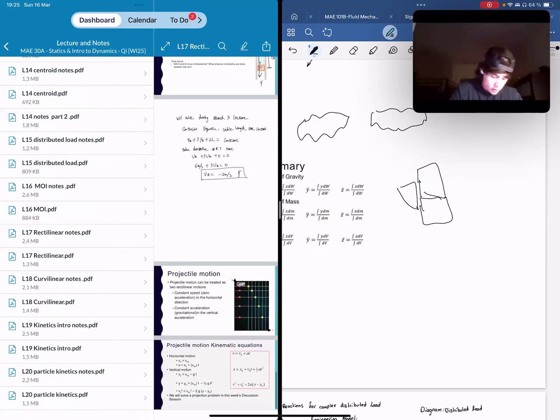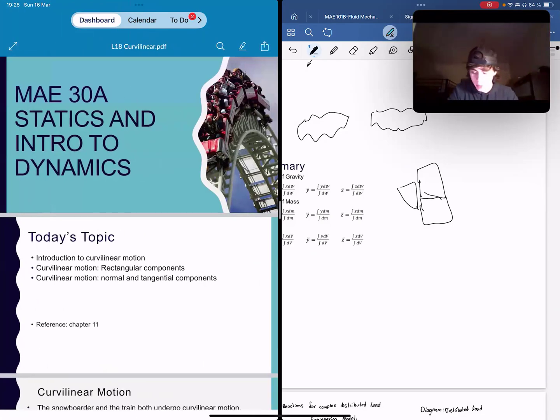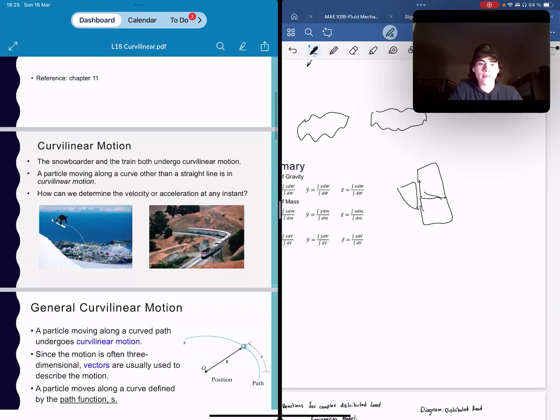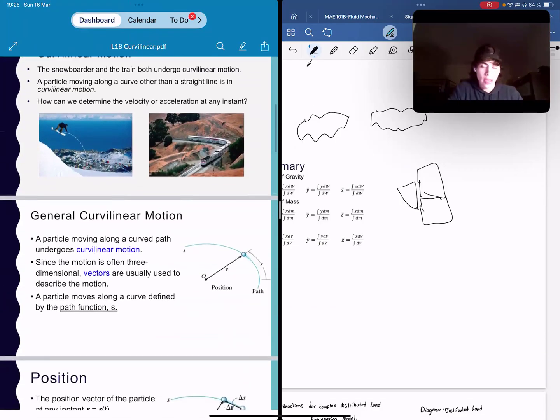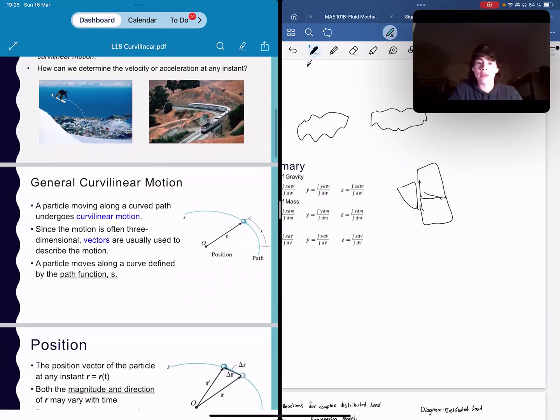Then going to lecture 18, for curvilinear motion, there is the one I was talking about. This case is motion along a curve. And this type of motion is different from rectilinear motions because now the acceleration component is different, right? So you have a tangential acceleration and you have a normal acceleration.